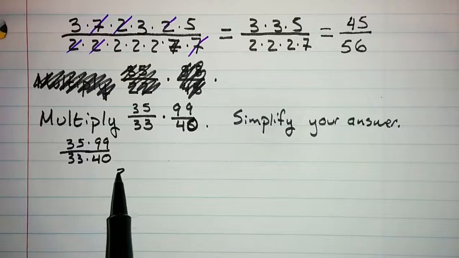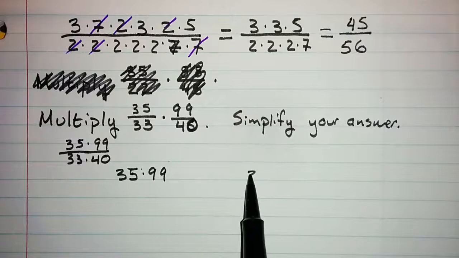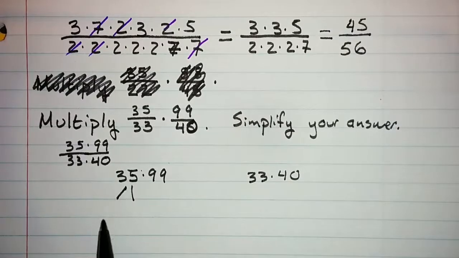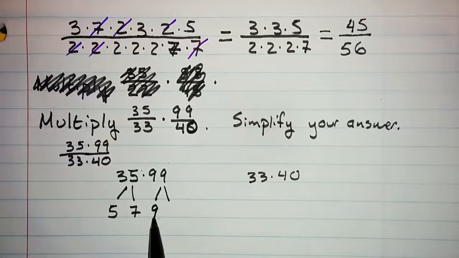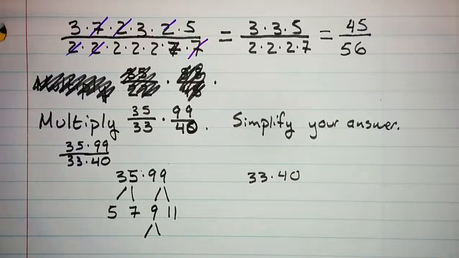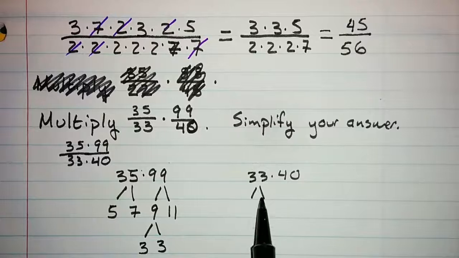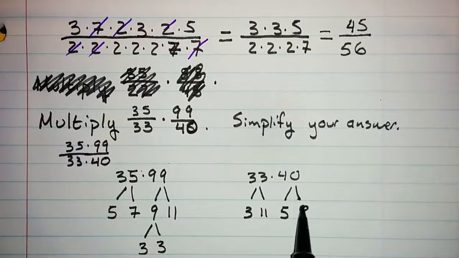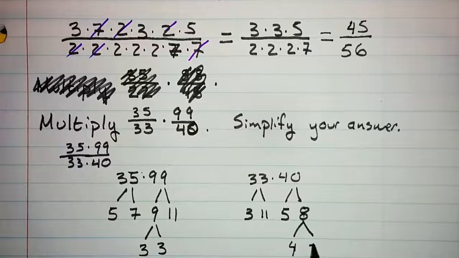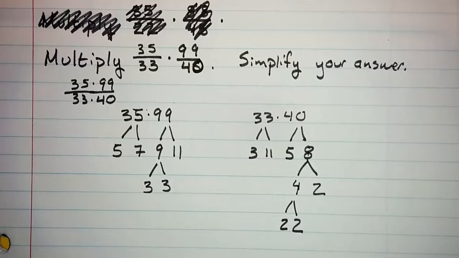And now, taking advantage of the fact that my numerator and denominator are already partially factored, I'll factor further. 35 is 5 times 7, 99 is 9 times 11, and 9 factors further as 3 times 3. 33 is 3 times 11, 40 is 5 times 8, 8 factors further as 4 times 2, and 4 factors yet further as 2 times 2.